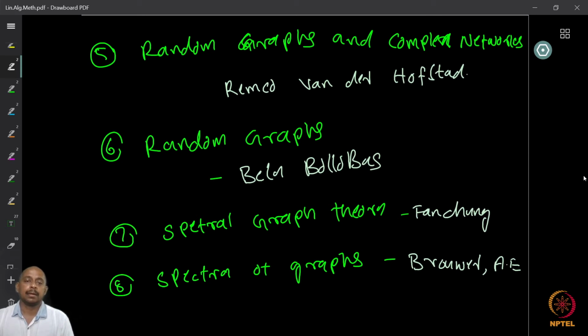Then on other, more specialized topics in graph theory, one can look at Random Graphs and Complex Networks by van der Hofstad, a more recent book. Again, I think it's available online. It's actually a two-volume book, quite large. It talks about large networks and uses tools from probability, as well as some other topics on random graphs. There is a whole theory of the evolution of random graphs.